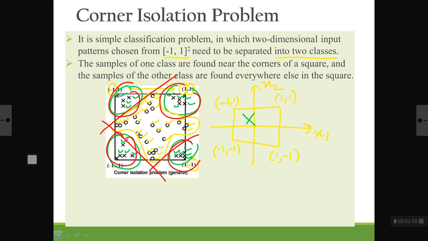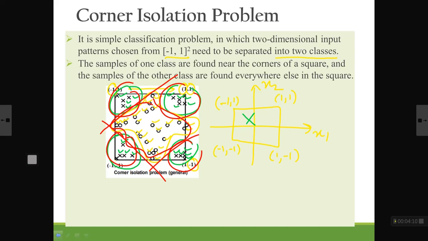Why it is called a corner isolation problem, I will repeat: because the patterns of one particular class are along the corners and the patterns of the other class are along the center. It may not exactly be along the center, but the patterns will be in the rest of the square and will not be along the corners.